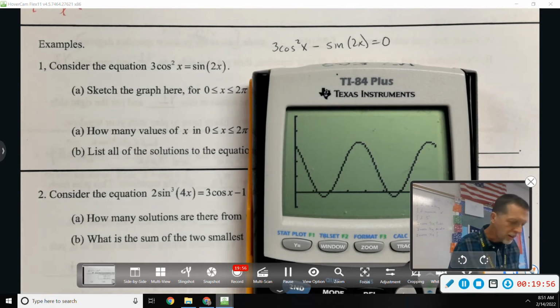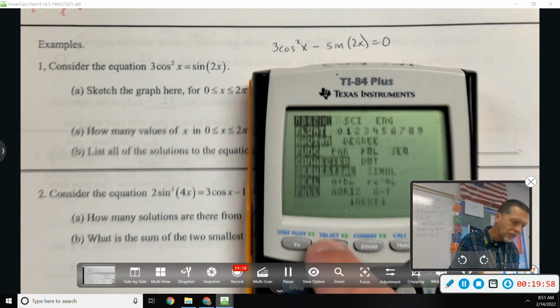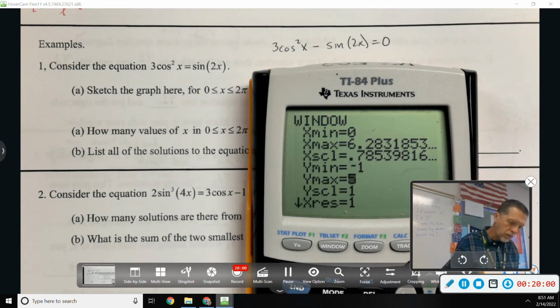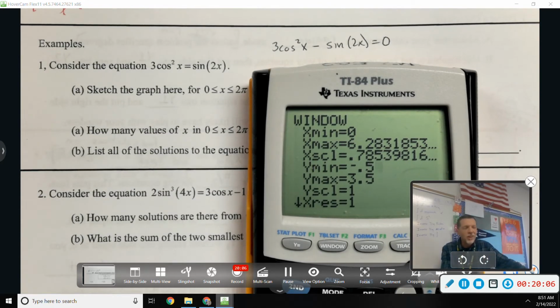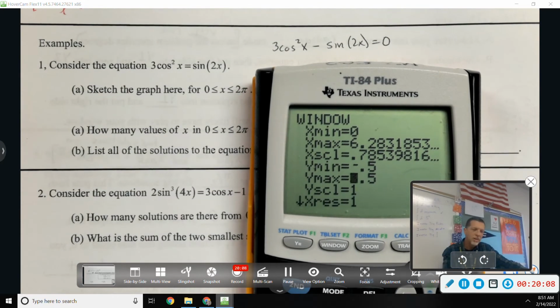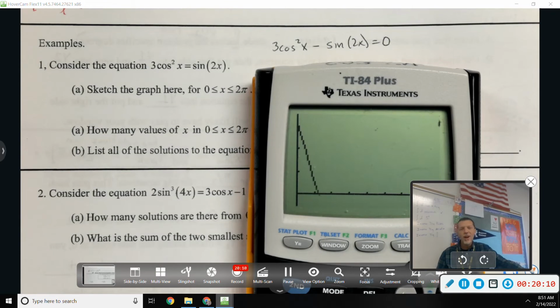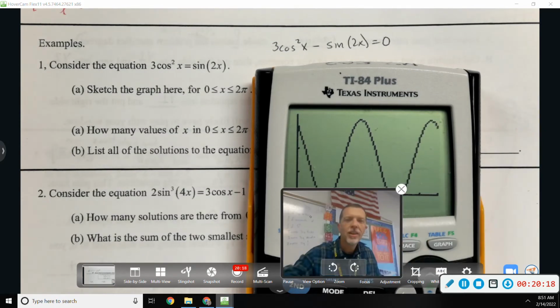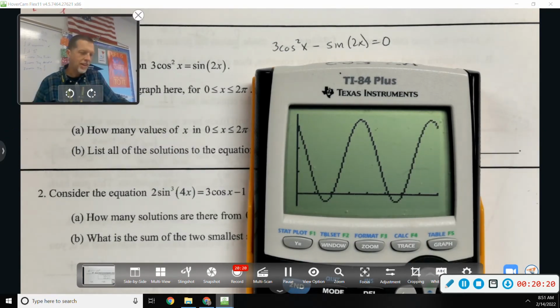They're like, oh, I didn't need to go up to 5. I could have only gone up to 3.5 and only negative 1/2. I'm like, this is really overkill. But some people are going to enjoy fitting their graph perfectly to their window. If that's you, knock yourself out, I guess. Don't spend too much time on it because the goal is to find the solutions, not to have a perfect picture.